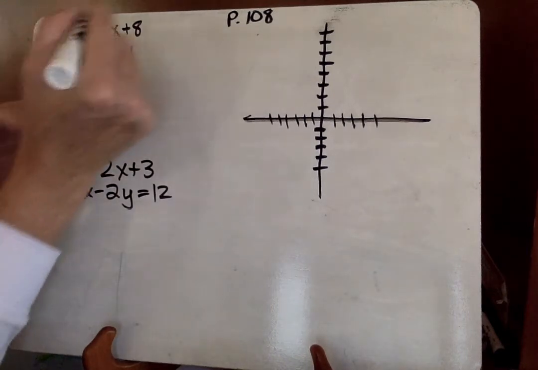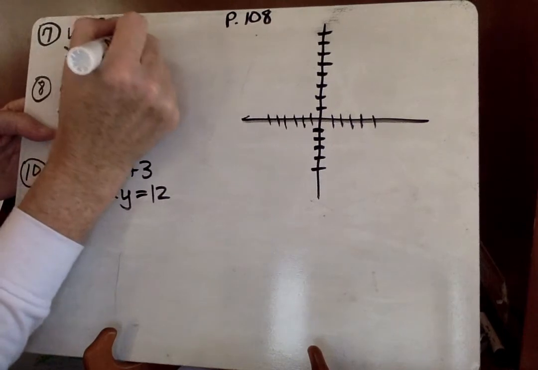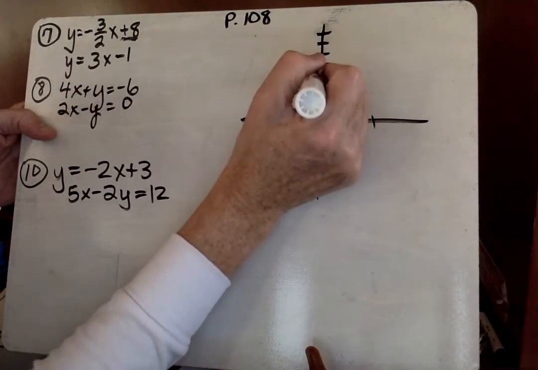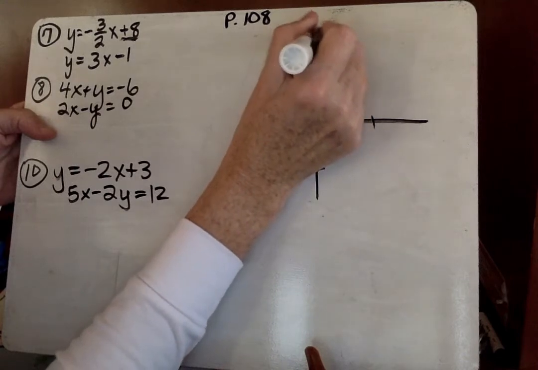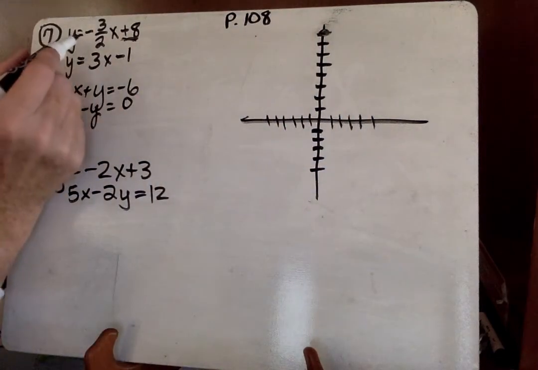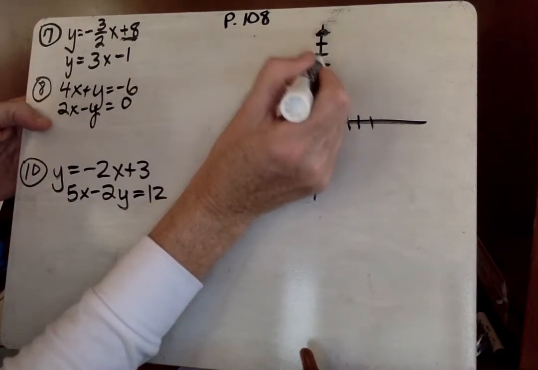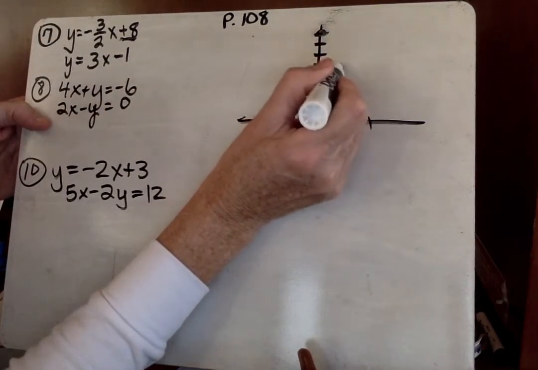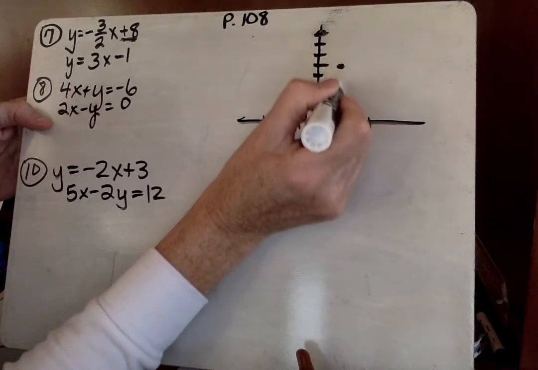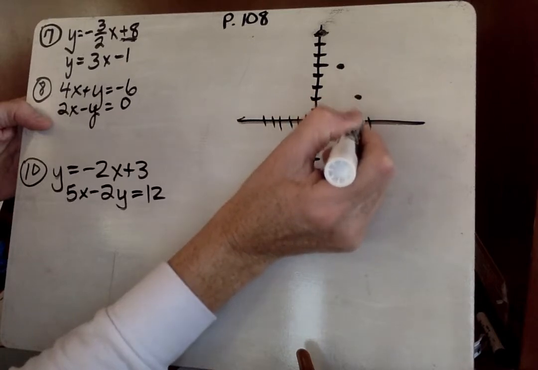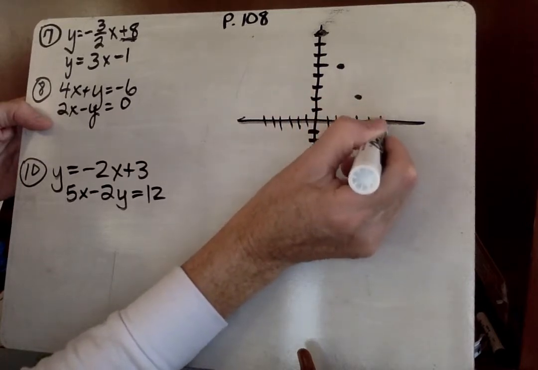So this one intercepts the y-axis at positive 8. So right there. Then I use my slope, negative 3 halves, which means down 3, over 2, and then I go down 3, over 2 again, and again.